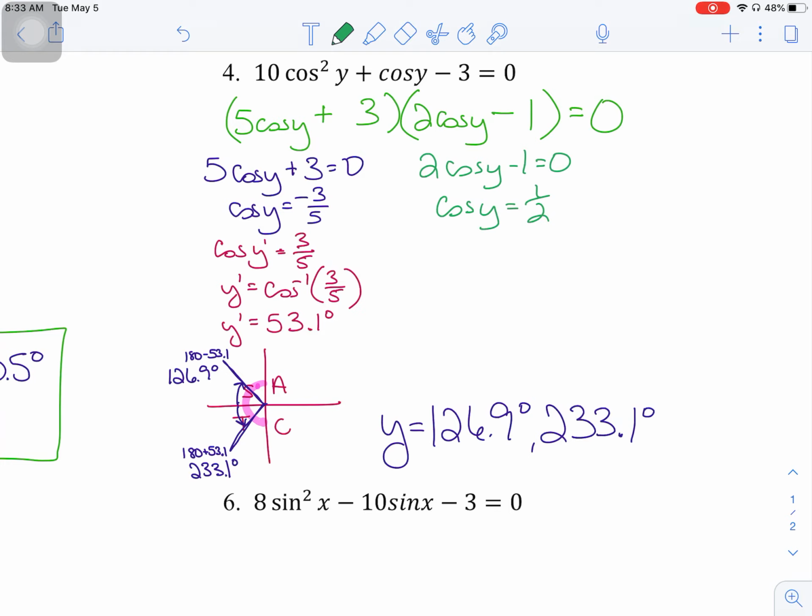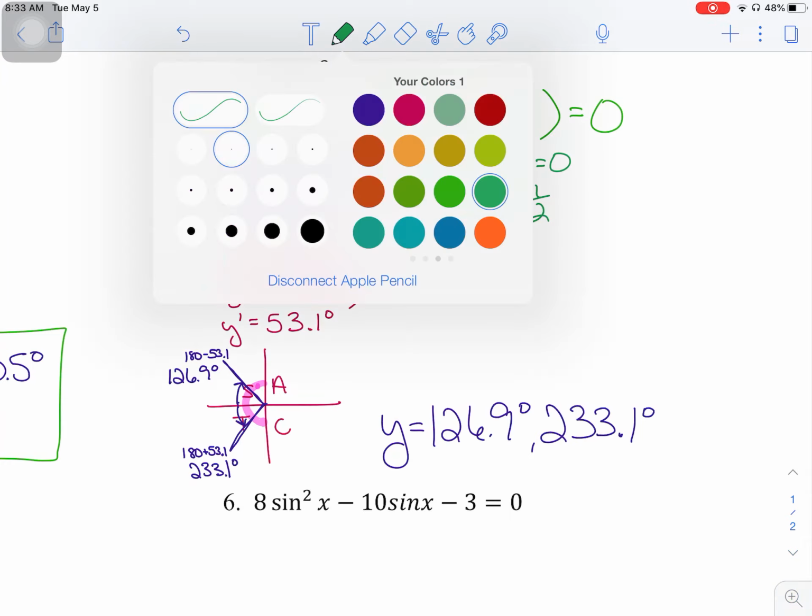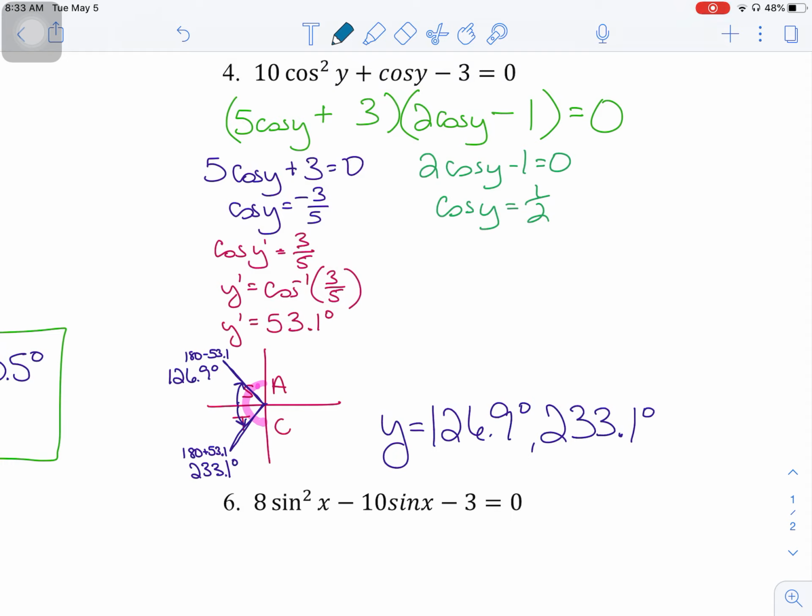Interesting. This is actually off our trig chart. And so what I'm going to do is think about, all right, cosine of y is equal to 1/2. Use the trig chart. This would be pi over 3.